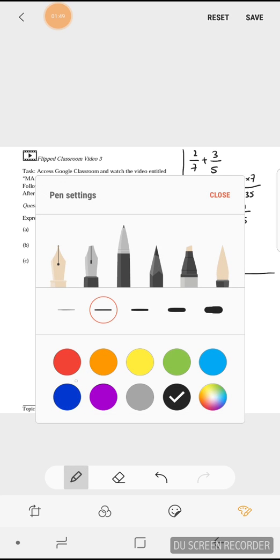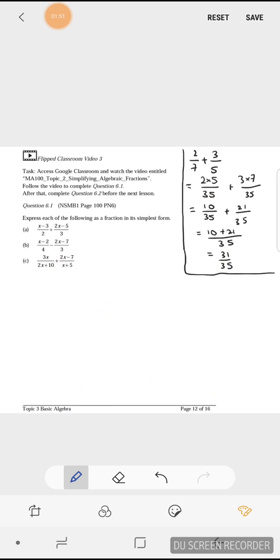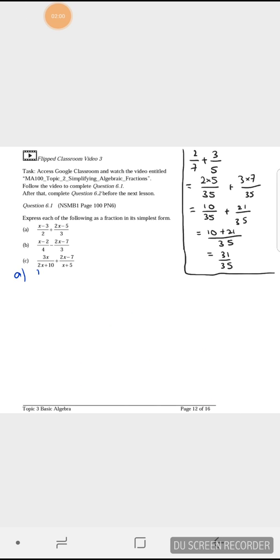Now, we're going to extend what you have learned to algebra. Now let's consider question A. Question A, you have x minus 3 over 2 plus 2x minus 5 over 3.